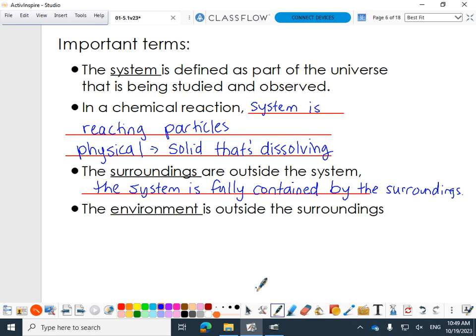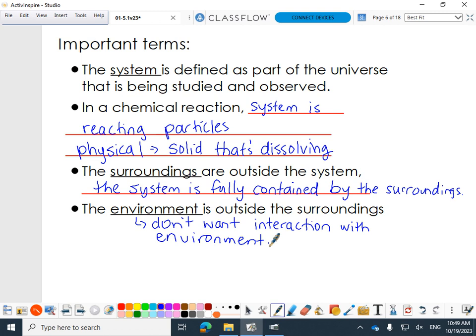And the environment is outside the surroundings, and we're really hoping to not interact much with the environment, okay? Because the measurements are just harder to take.